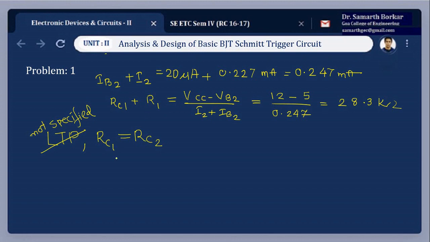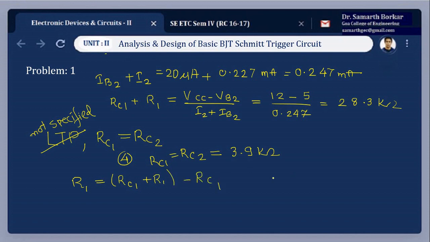So the fourth component, RC1 equals RC2, and we have already calculated the value of RC2 in the second step. It is 3.9 kilo ohms. Now we can write R1 equals RC1 plus R1 minus RC1. So it is 28.3 kilo ohms minus 3.9 kilo ohms.